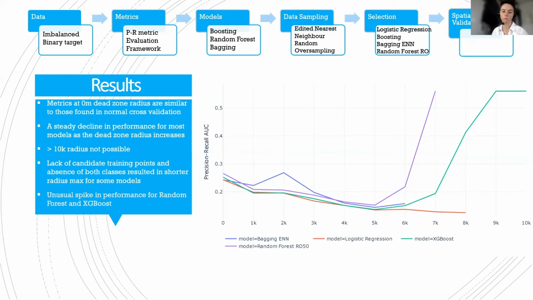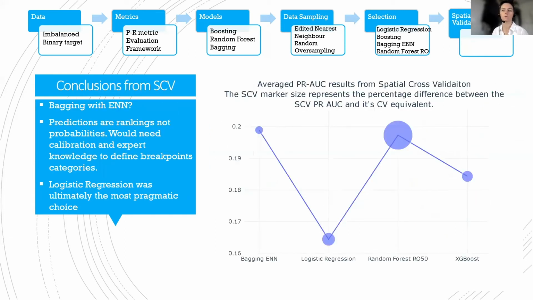So if we do remove those erroneous elements and summarize the outputs, it starts to look like this. This is showing the average PRAUC results from spatial cross-validation for each of the models, and the marker sizes show the percentage difference between the spatial cross-validation and its standard cross-validation equivalent.